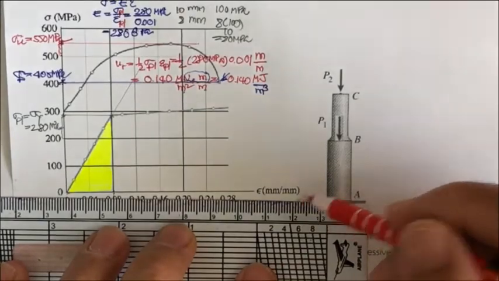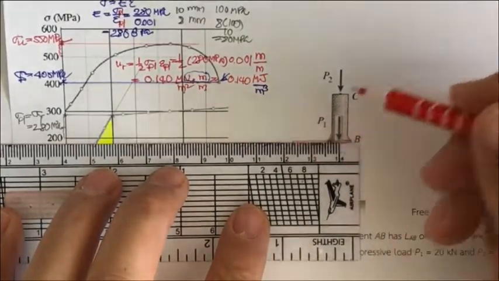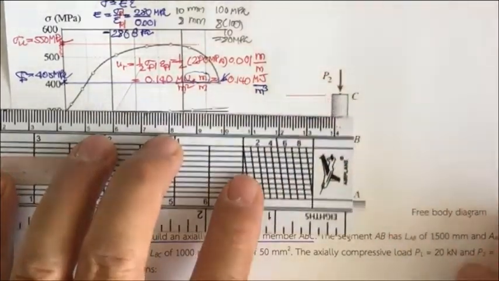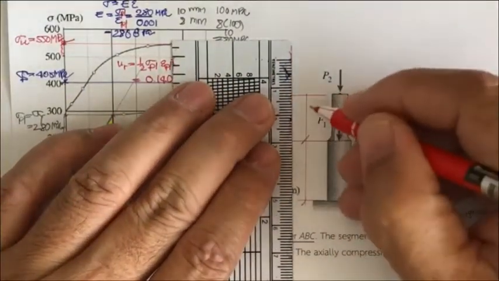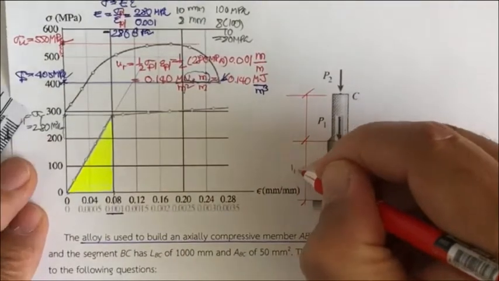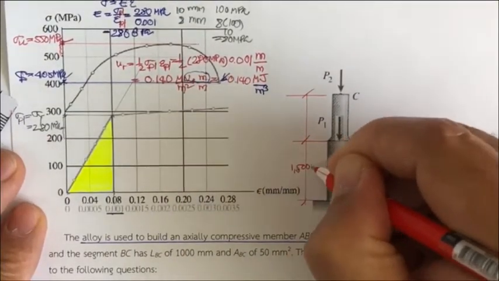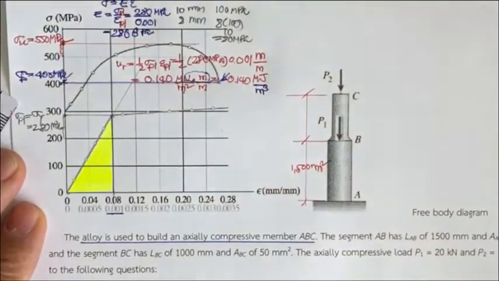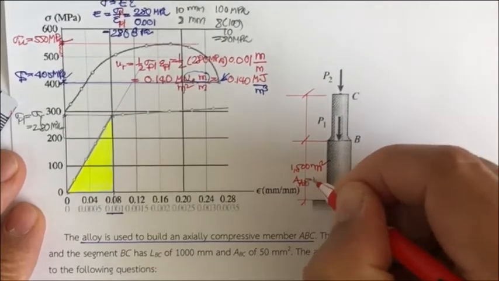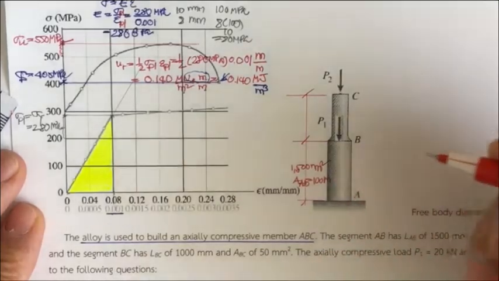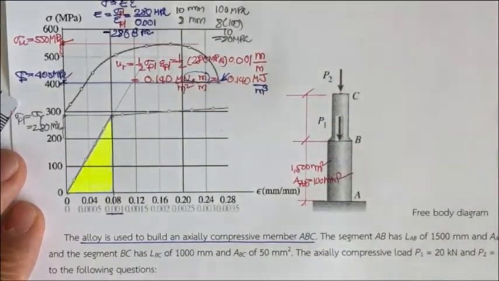So if you measure this, this one is going to be 1,500 millimeter, and the area A sub AB equals 100 square millimeter.